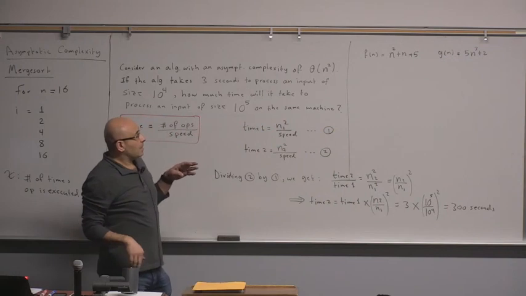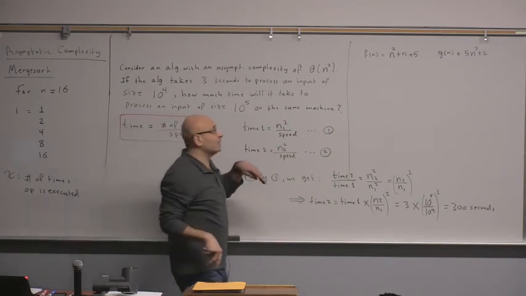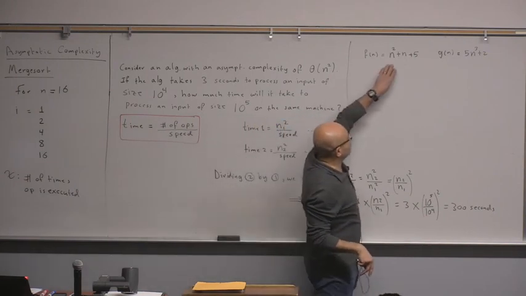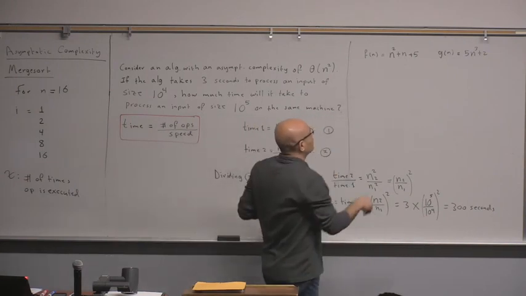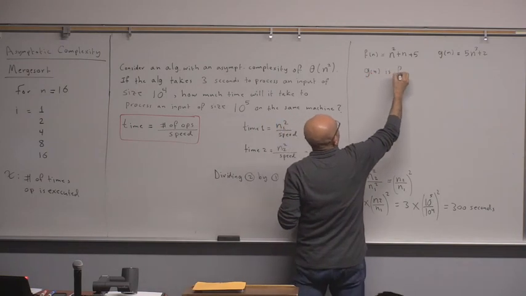In this question, first indicate which one of these two functions is asymptotically faster. Yeah, g of n is faster asymptotically.